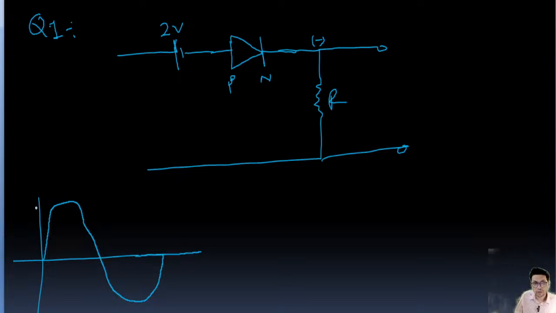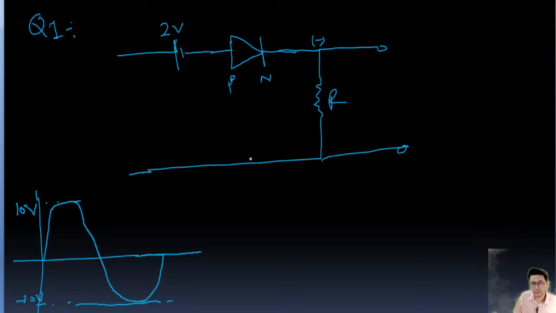Okay, so this part is 10 volt and this part is minus 10 volt. Okay, so this is the input. 10 volt. So we have this graph given.